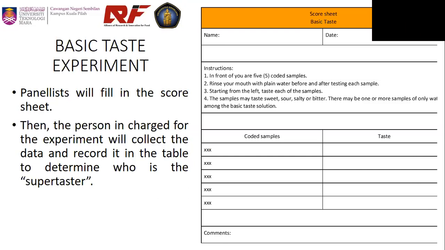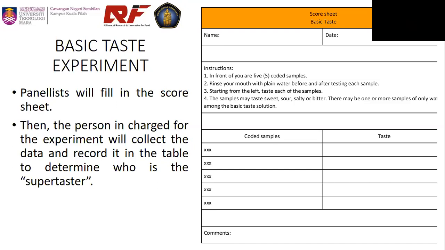Okay, for example, usually we will prepare solutions. A sweet solution that uses sugar, and then we use a citric acid solution at a certain level, not too high, 0 point something usually. That one is the indicator for the sourness.